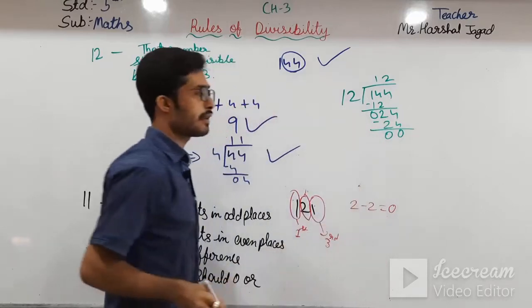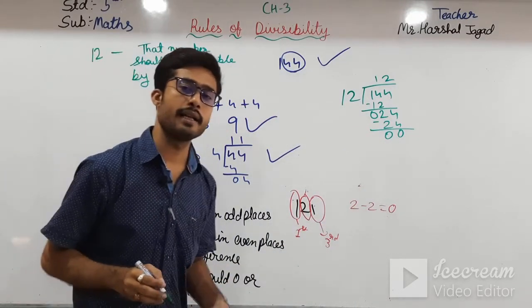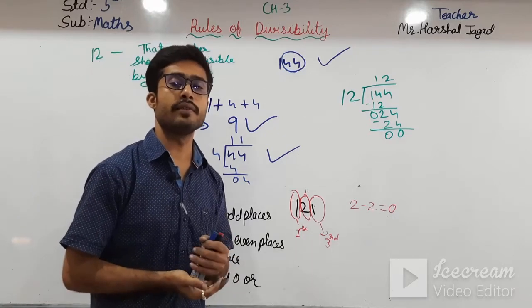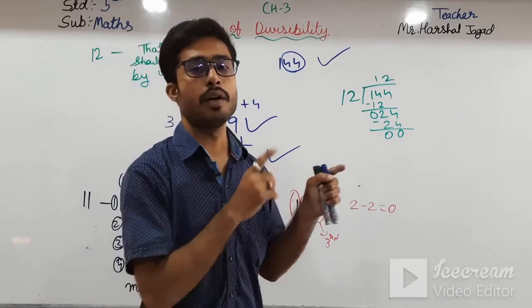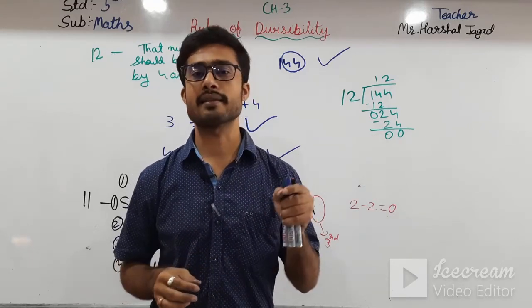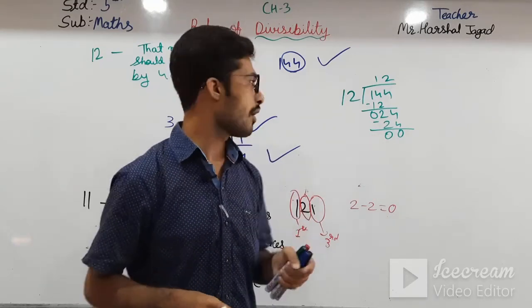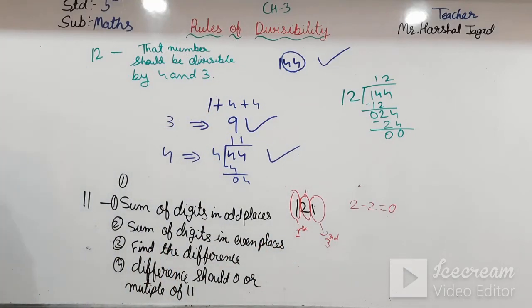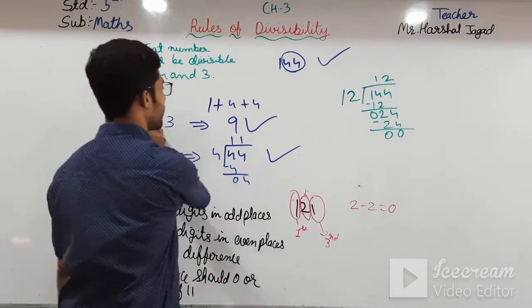So you can see that the number is divisible by 12. Okay students, so here we have seen all the divisibility test rules from 2 to 12.